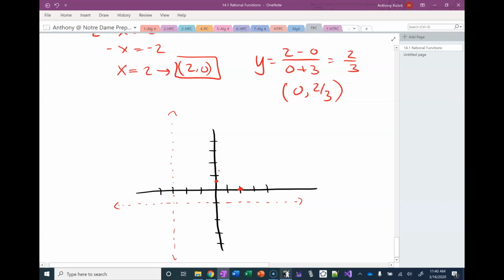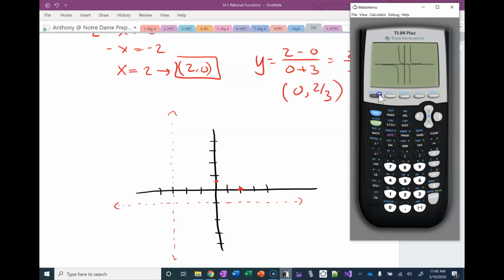What I need to do now is figure out what's happening near this asymptote. So to do that, I'm just going to go ahead and type this into my calculator. So alpha y equals numerator over denominator. And then I'll type this in exactly as it looks. So (2 minus x) over (x plus 3).